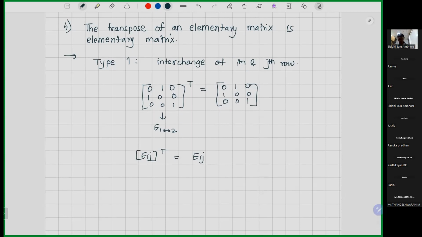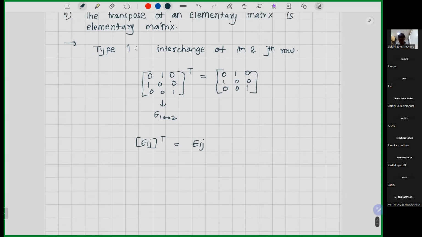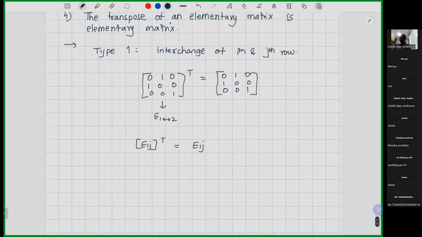Is there any doubt here, at least for type 1? In fact, the interchange matrices will be symmetric matrices. Symmetric means the matrix and its transpose are equal.